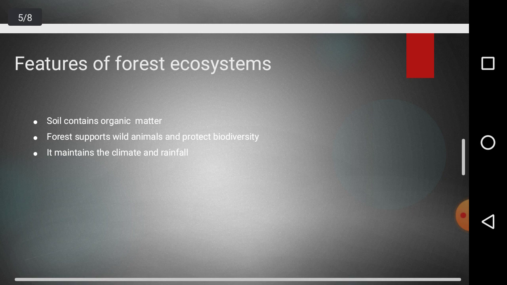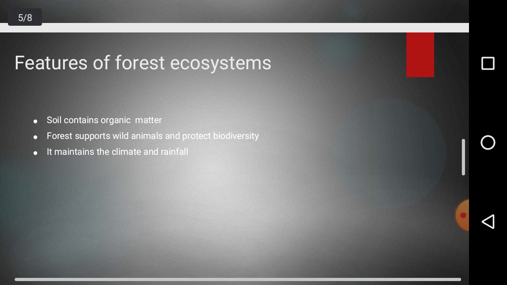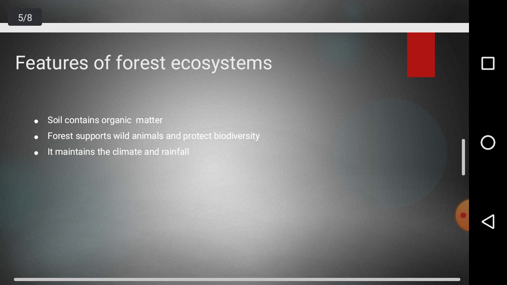They help in the growth of the trees and some plants. Secondly, forests support wild animals and protect biodiversity. Thirdly, the forest system also maintains the climate and rainfall.